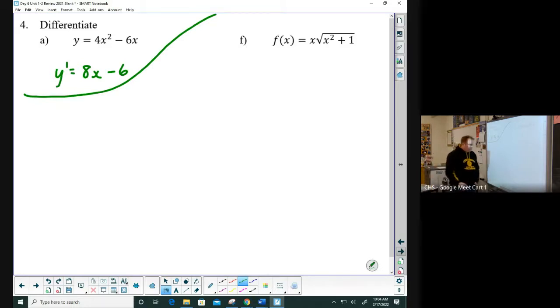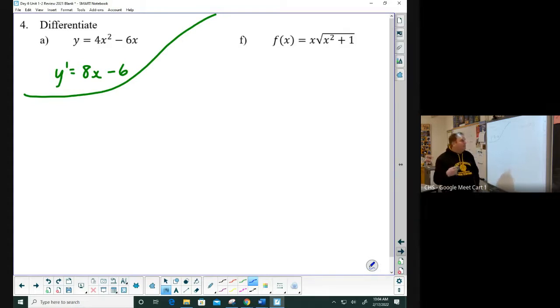F. F is obviously a bigger jump than B is, but let's go to it. First thing I'm going to notice, a couple of things. I'm going to notice the square root sign. I don't have a root function power rule or quotient rule or anything like that for root functions.